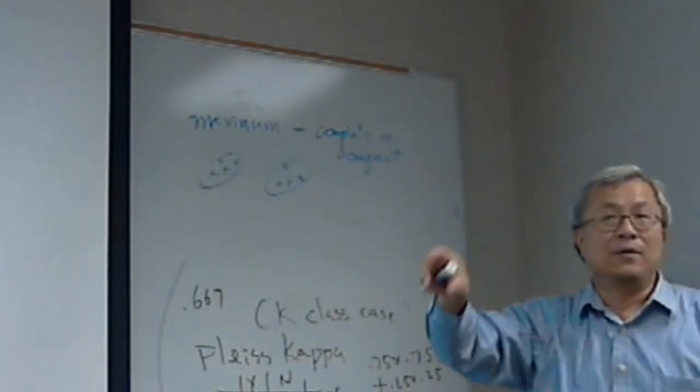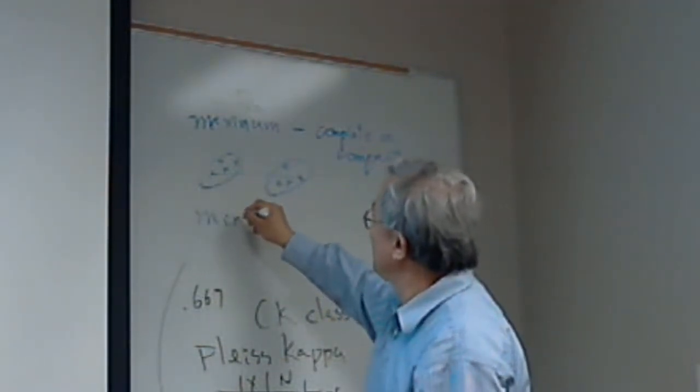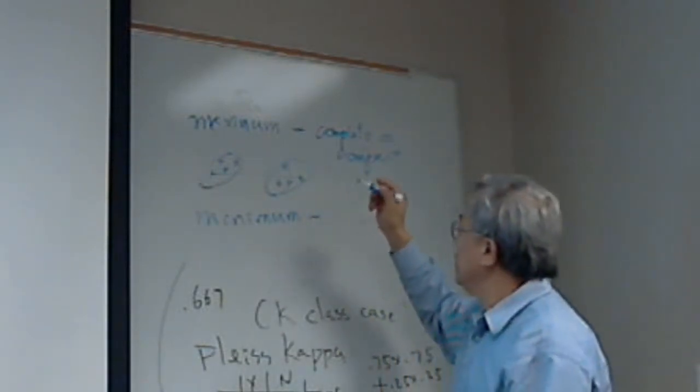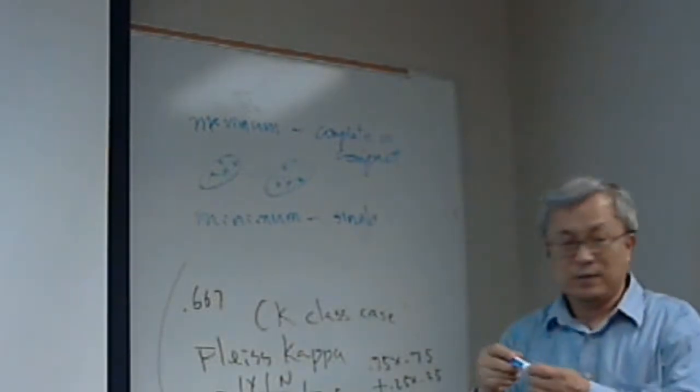Then there's minimum linkage, also called single linkage. Minimum linkage links together the shortest distance. What is the shortest distance?